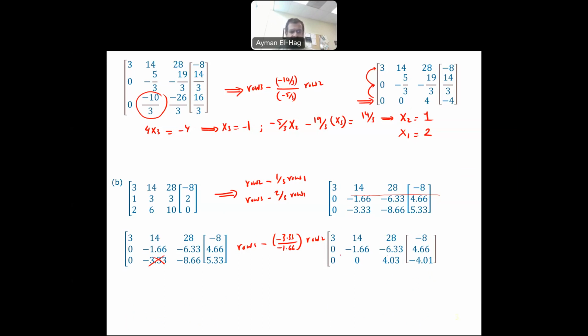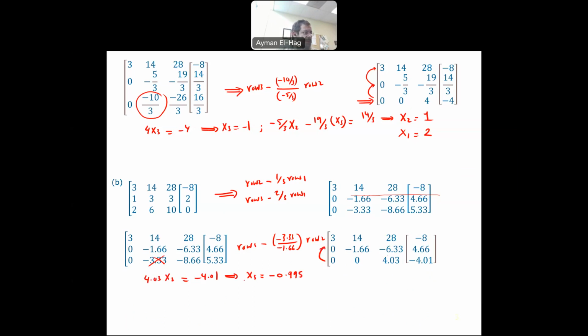So basically you start from the back substitution. You will have 4.03 x3 equal to minus 4.01. From this, your x3 will be equal to minus 0.995. Then go and substitute the values, go from here to there.